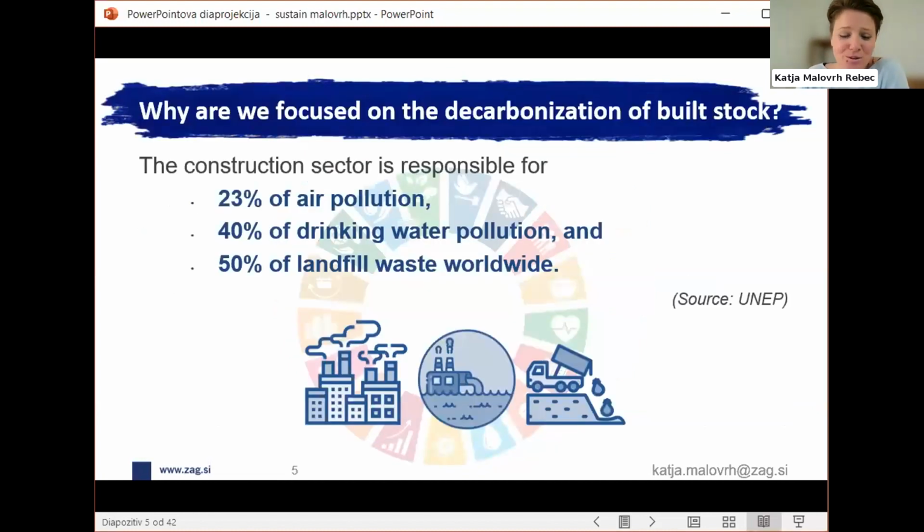So I'll just point out a few things with sources, which you may or may not know: the construction sector, for example, is responsible for 23% of air pollution, 40% of drinking water pollution, and 50% of landfill waste worldwide.